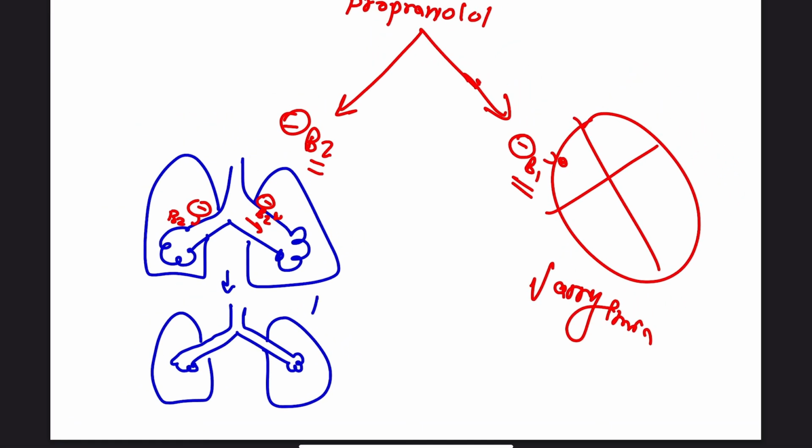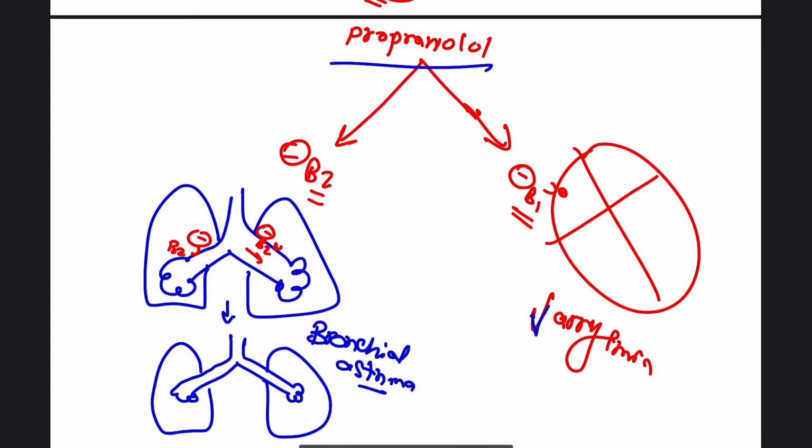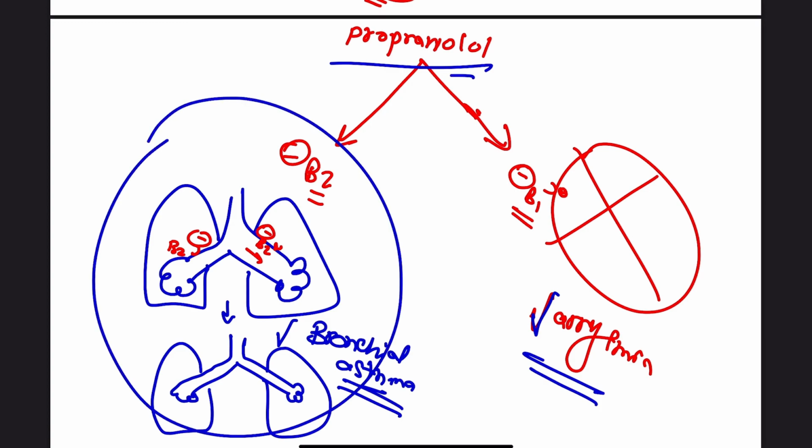In someone who already has narrow bronchi, in case of bronchial asthma, I will cause even narrower bronchi and even make him enter an attack of asthma. So of course I can solve the arrhythmia for him, but I can give him bronchial asthma. So I should not use propranolol in case someone has bronchial asthma.